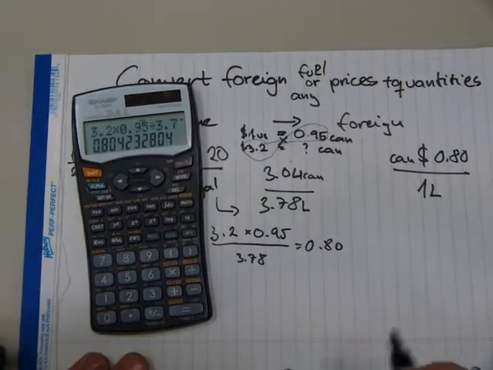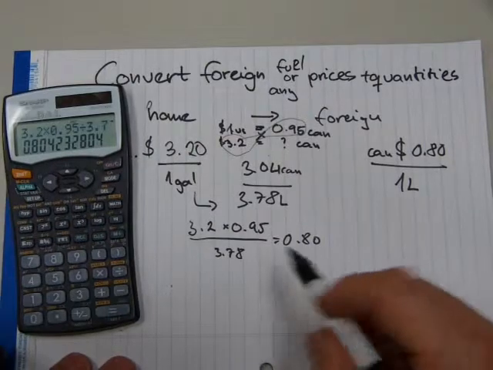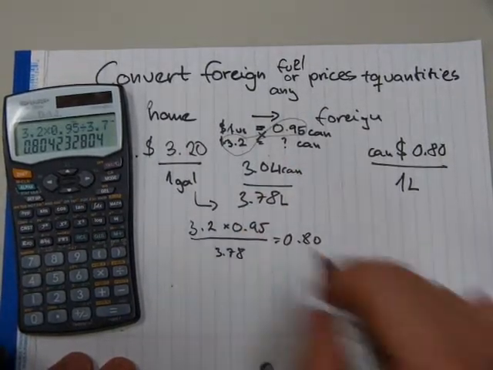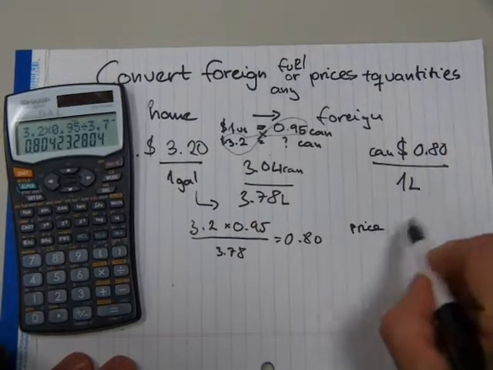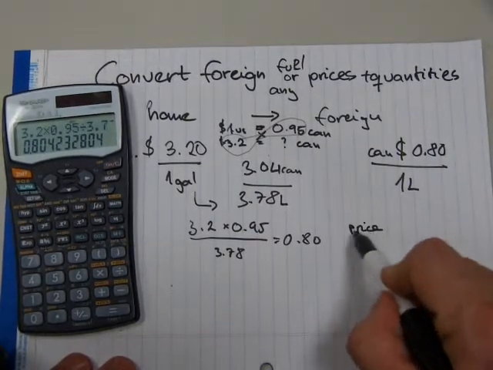So if you want to make a formula out of this one, 3.2 was the price at home.